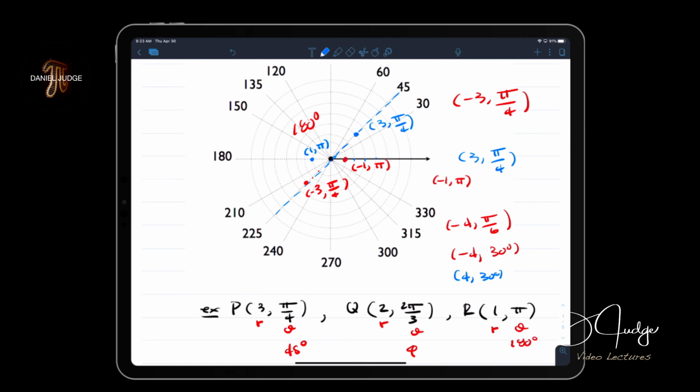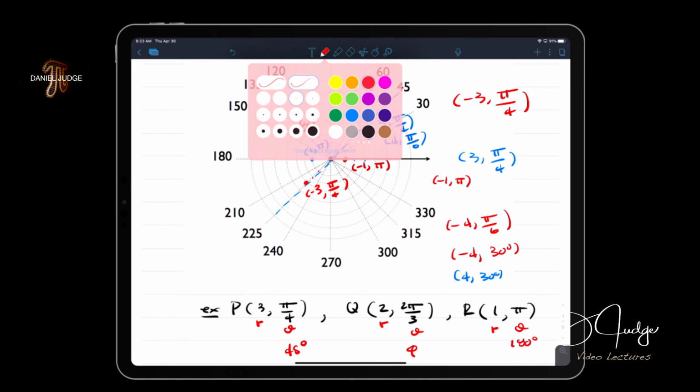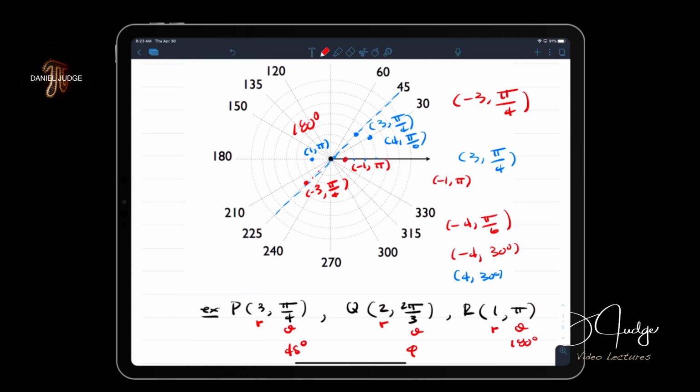We rotate 30 degrees. Here's positive 4, pi over 6, 30 degrees. Now, across the pole will be in the other direction. 1, 2, 3, 4. Negative 4, pi over 6. This is across the pole. So I want you to compare 4, pi over 6, and now that's negative 4, pi over 6.